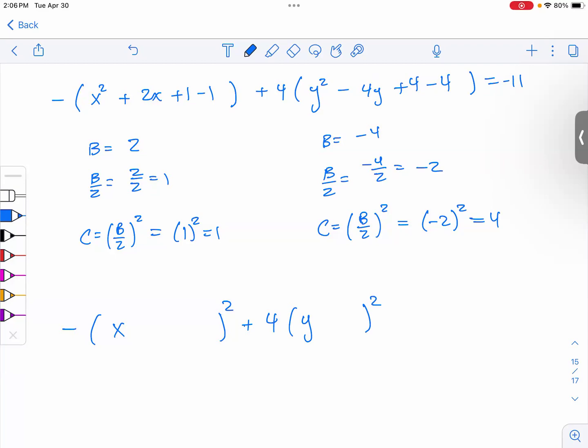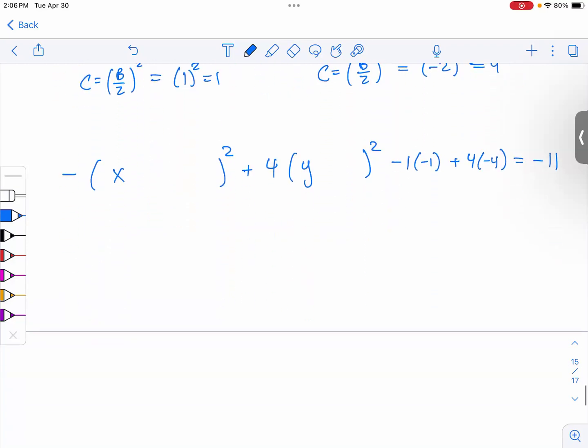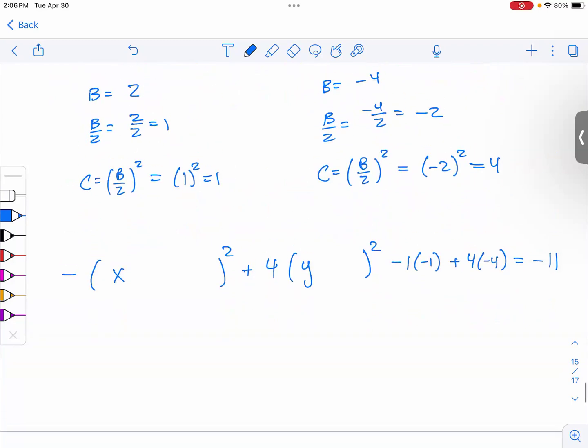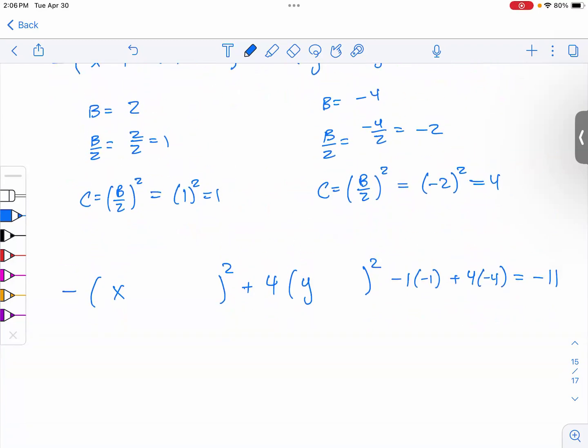Okay, let's see. So negative. Oh, oops. And then my B over 2, so that is x plus 1. And that one is -2.